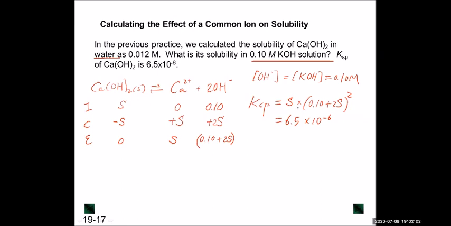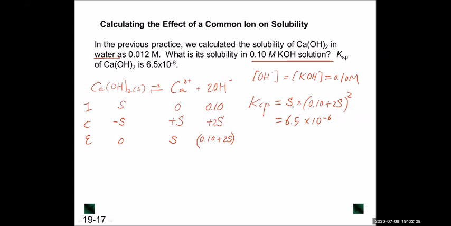With this S, by the way, this section should be at least 0.10. This section should be larger than 0.1, and you have a square of 0.1. That's fairly big compared with this number. So that means this S must be very small.